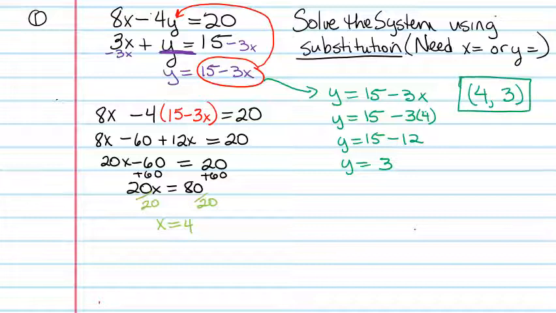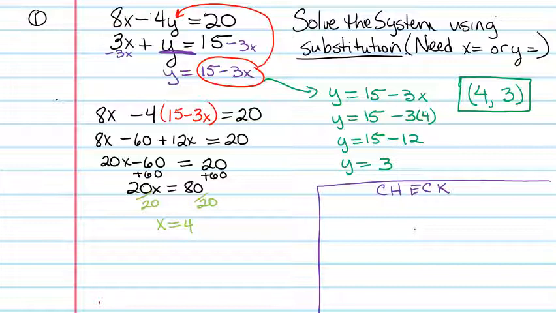And I can check this. So if you want to check your answer, then just remember you have to plug in your point, your two variables, x and y, into both equations, and it must work in both. So here we go. We'll do the first one real quick.